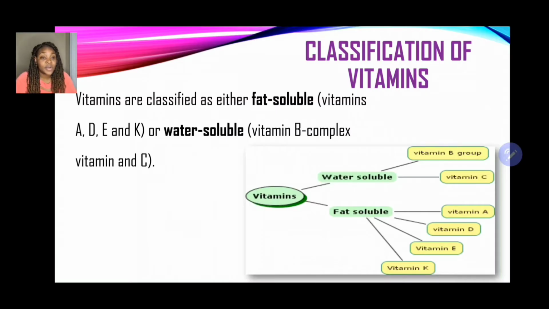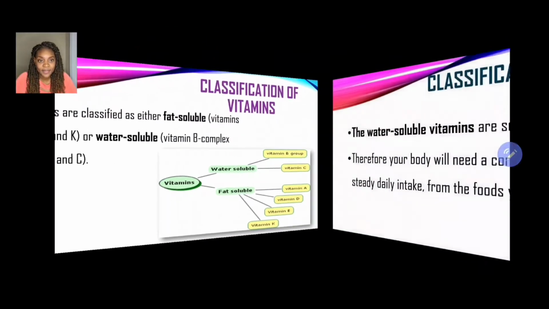Now, as a reminder, the water-soluble vitamins are dissolvable in water, while the fat-soluble vitamins are dissolvable in fats. Water-soluble vitamins are the vitamin B complex group and vitamin C, whereas the fat-soluble vitamins are ADEK, vitamin A, vitamin D, vitamin E, and vitamin K.